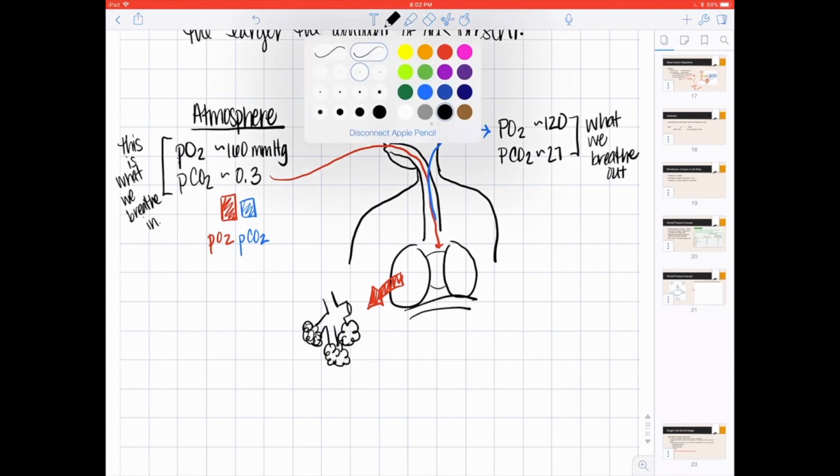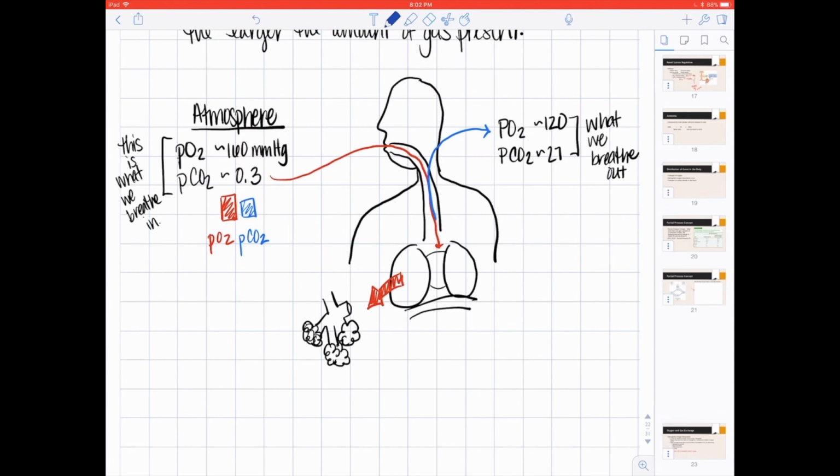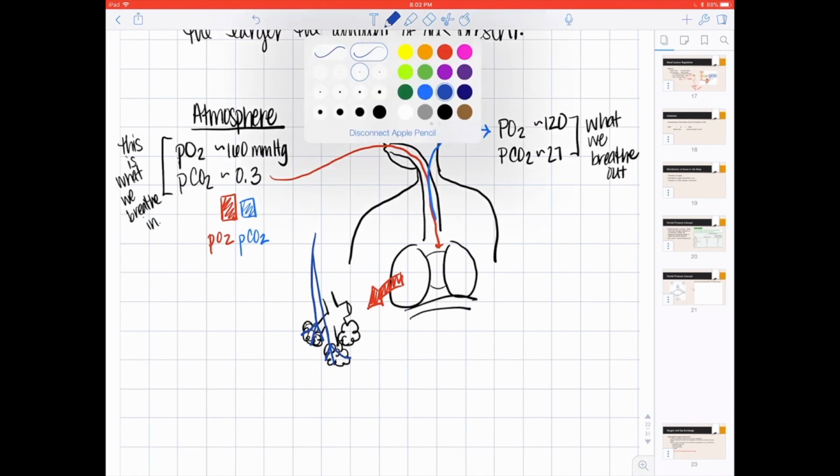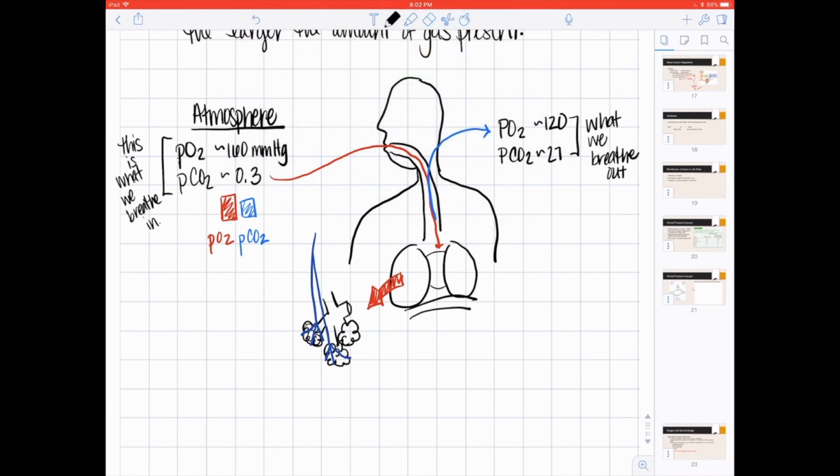And then we've got the pulmonary artery, which is going to take deoxygenated blood and deliver it to the alveoli.